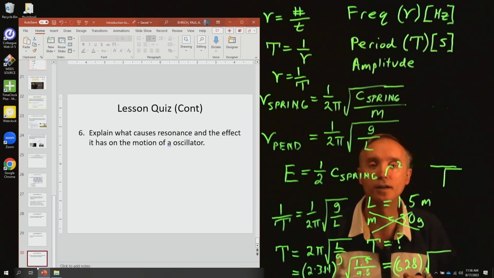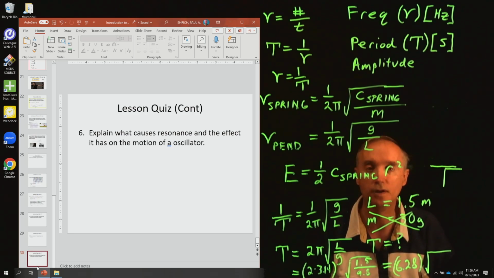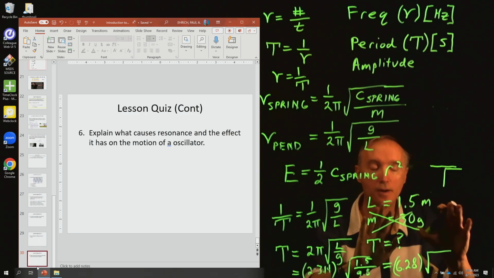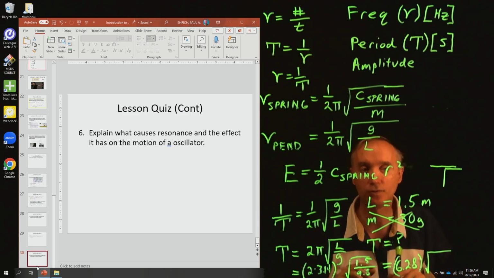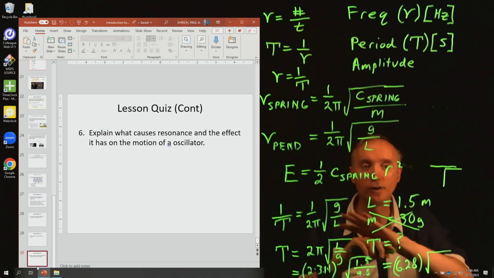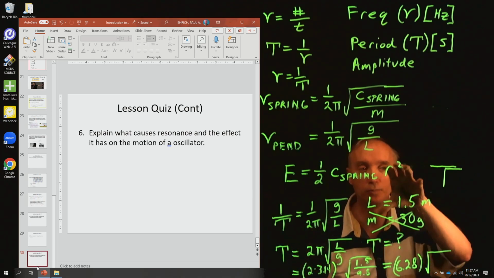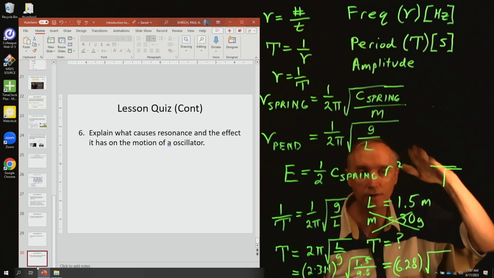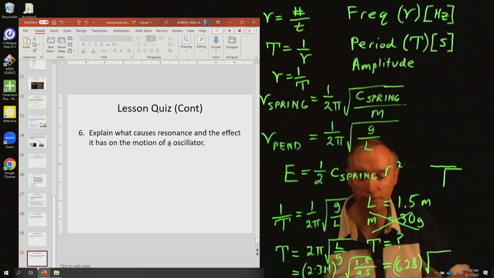Number 6, explain what causes resonance and the effect it has on the motion of an oscillator. So whenever the frequency that you are pushing a system matches the natural frequency that it wants to vibrate at, then it goes into resonance. Every object, when you pull on it or push on it and then let it go, is going to want to vibrate at a certain frequency. Even the table.